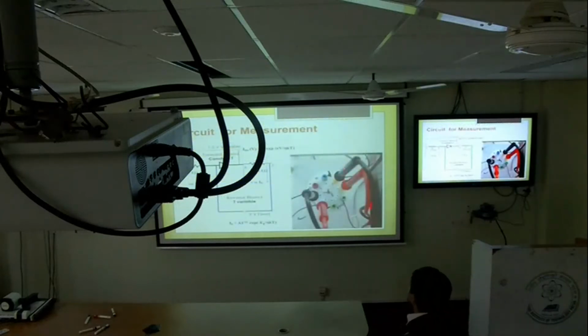So the circuit for measurement is shown here. The diode is here, which is considered as silicon. It has a 2 kilo ohm resistor and a 470 kilo ohm resistor, which are connected in series. Why are they connected? Because it will help us control the value of the current when it is forward biased, otherwise the diode can be damaged.